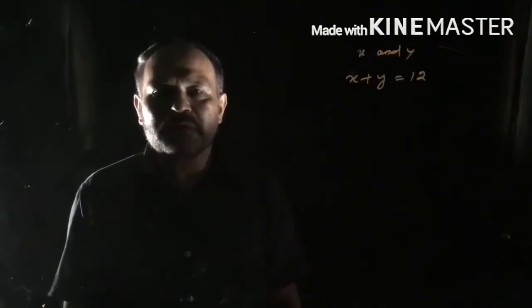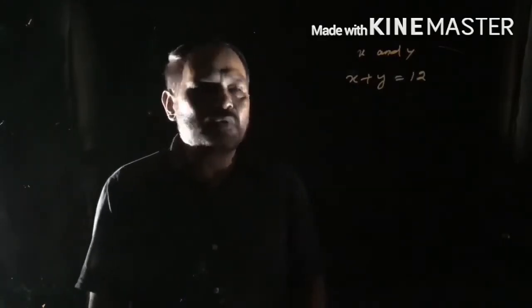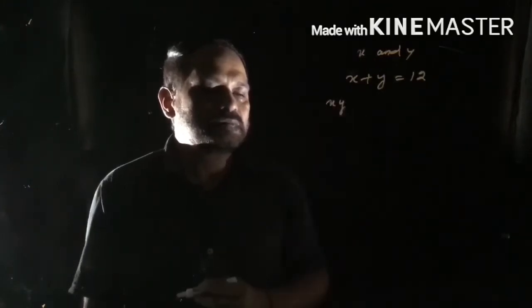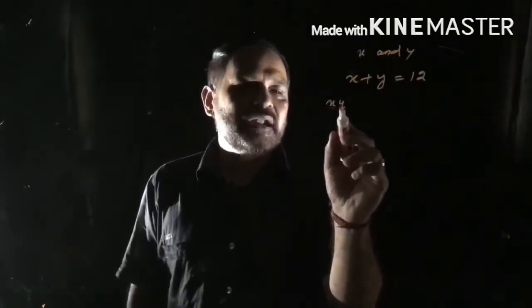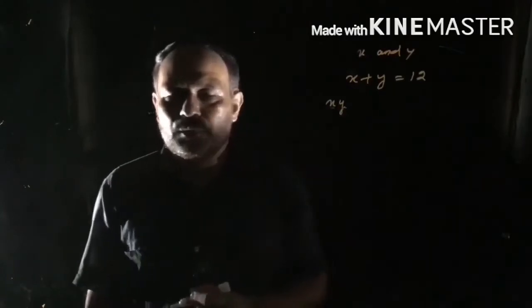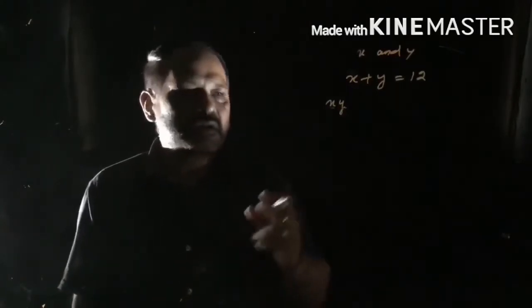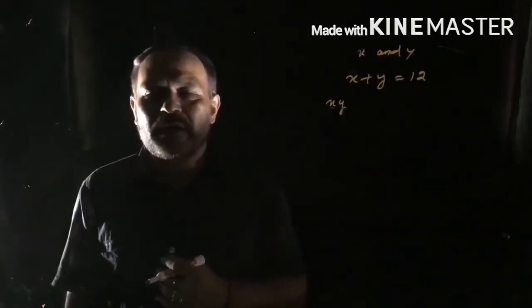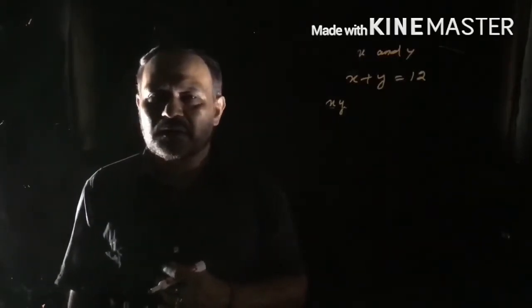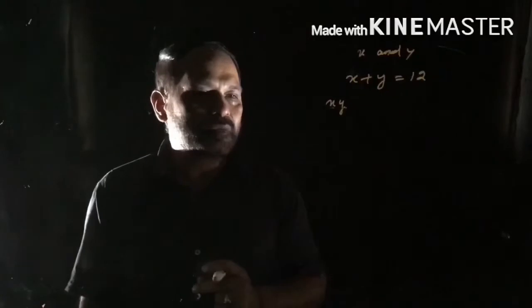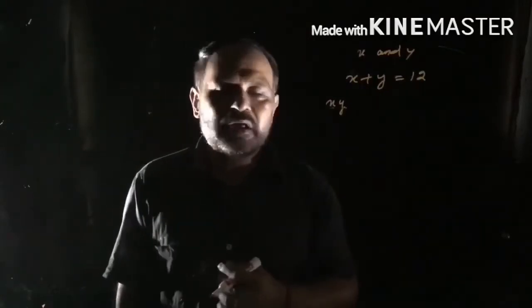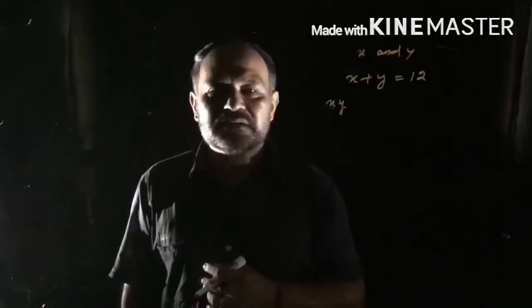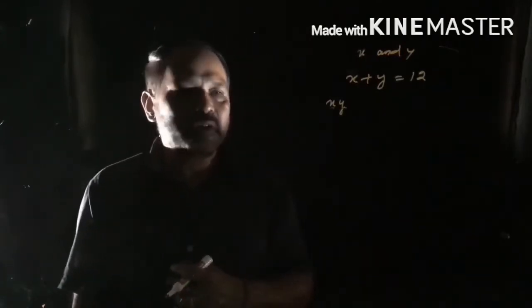We have to find the maximum value of xy. In xy there are two variables. We know that in this process we can find the maximum and minimum value of a function having one variable. There are two variables x and y. Now we have to change this into one variable.